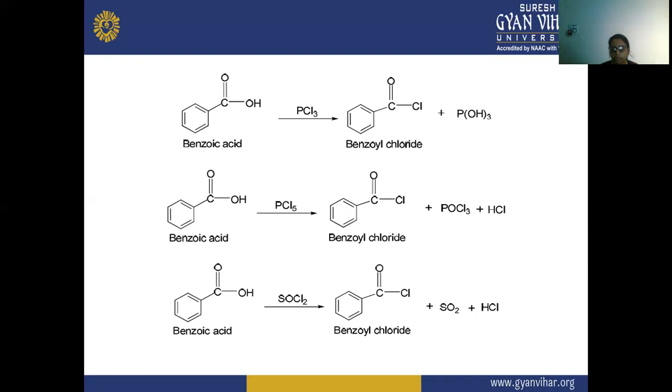Here the benzoic acid has an OH, and with SOCl2, one Cl is removed and there is a formation of a bond between the S and the Cl, and the H will react with one of the Cl, forming HCl, and sulfur dioxide, SO2, is formed here.